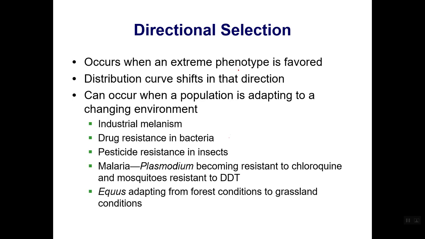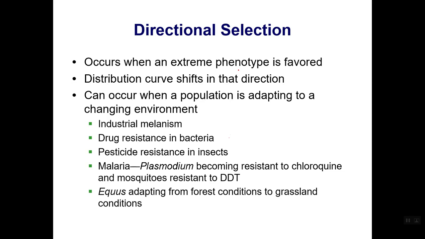Another example of directional selection is Equus, which is the genus name for horse, which did adapt from forest conditions to grassland conditions. Because if we know about horses now, they are grassland type animals. They feed on the grasslands.